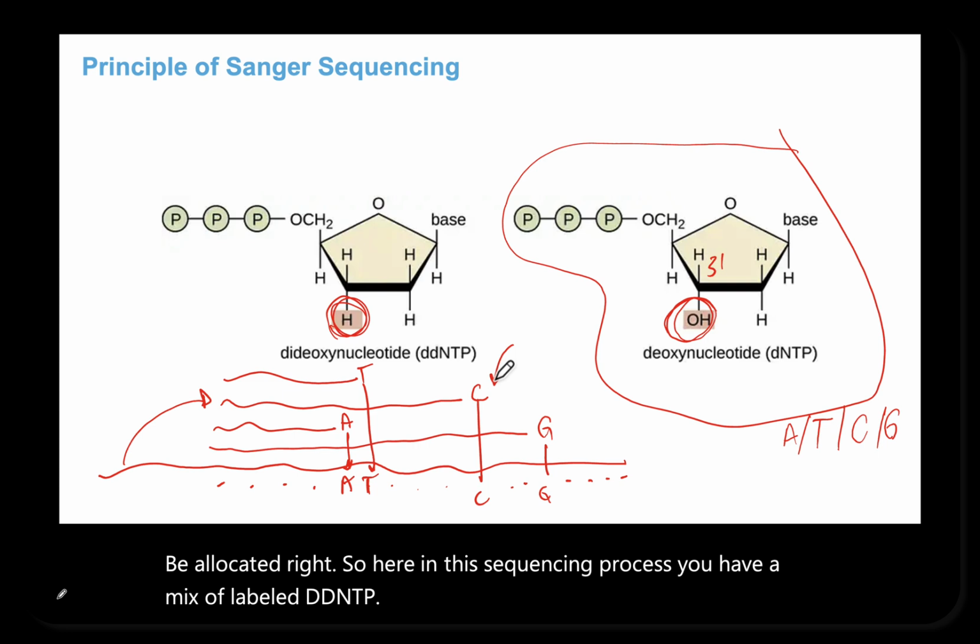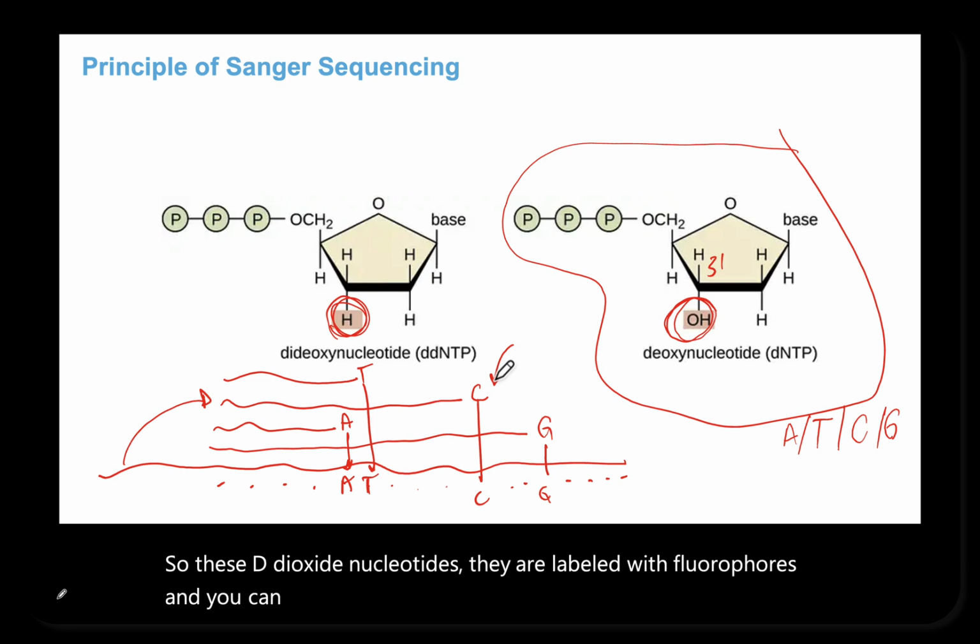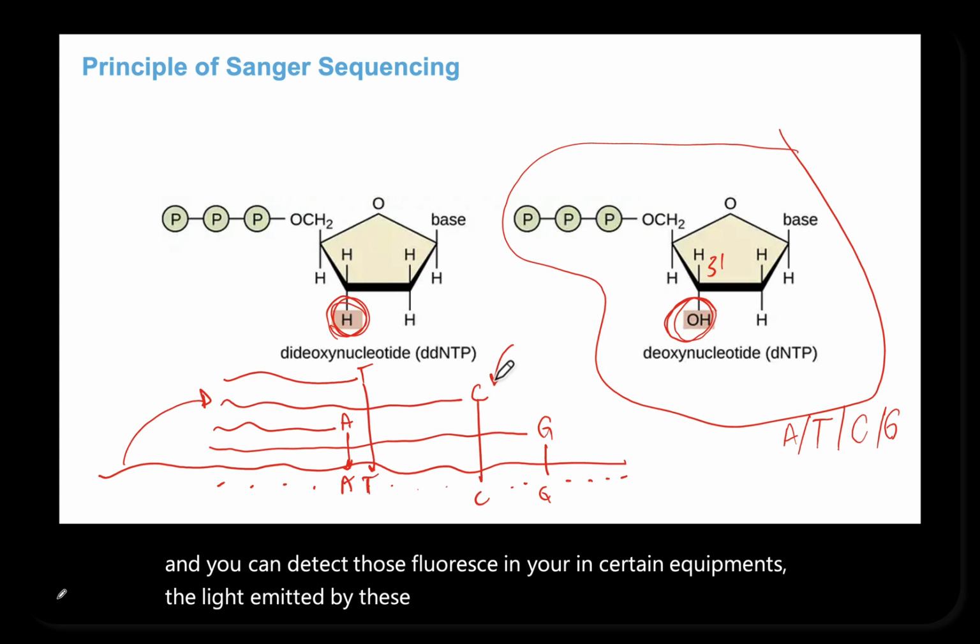So these dideoxynucleotides are labeled with fluorophores, and you can detect those fluorophores in certain equipment. The light emitted by these fluorophores can be detected.